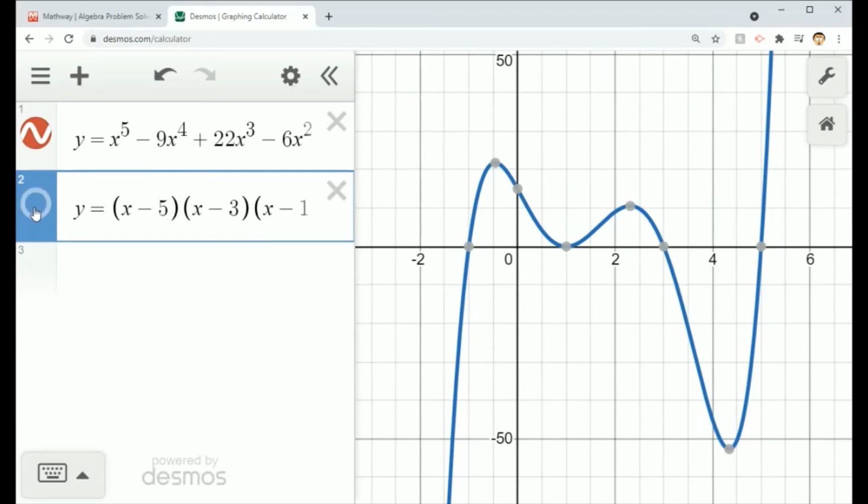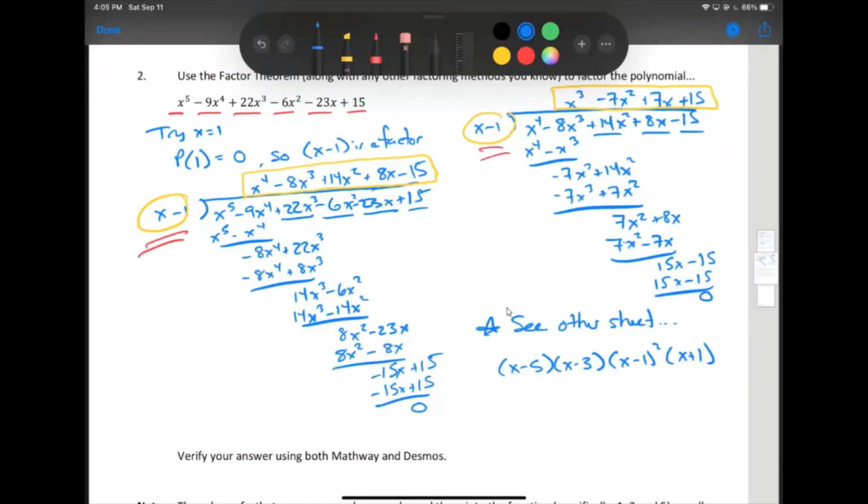And sure enough, those two look pretty much identical to me. So that's how I would verify it using Desmos. I personally like using Desmos to do graphical proofs like this, or graphical verifications that my answers are right. But if you'd rather use MathWay, you're more than welcome to.